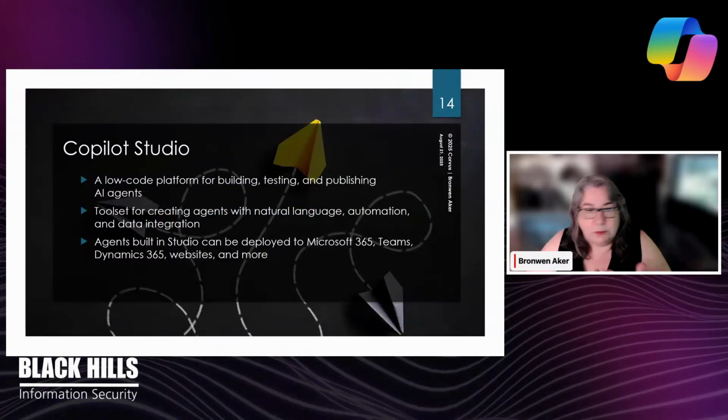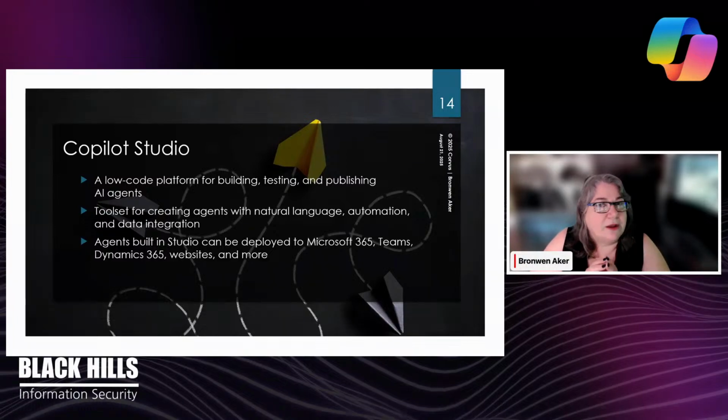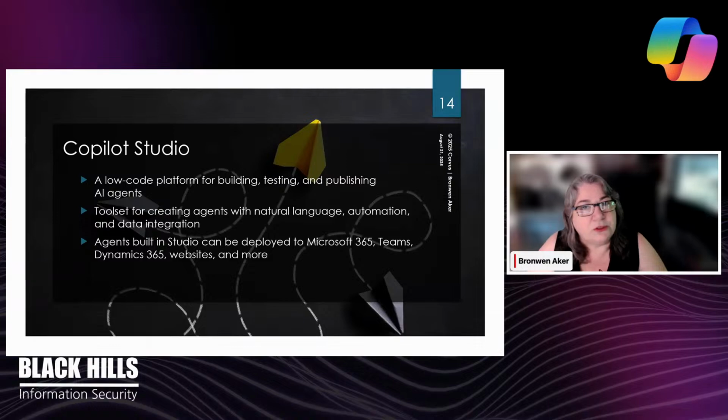But, so websites, Teams, everywhere. And I have no doubt that there are organizations that have somebody in-house creating what they think are really cool things that are going to open the door to all kinds of problems.